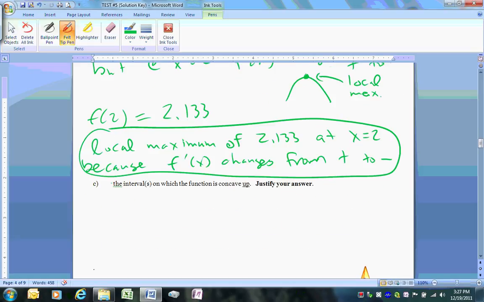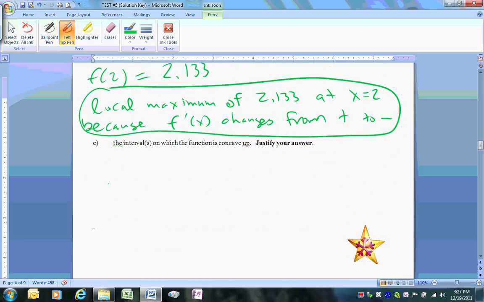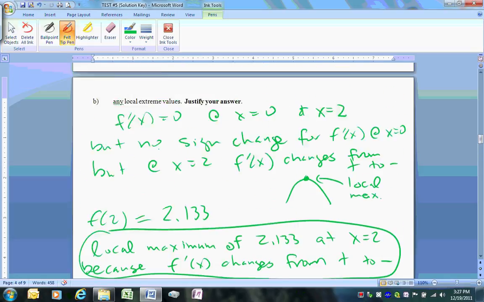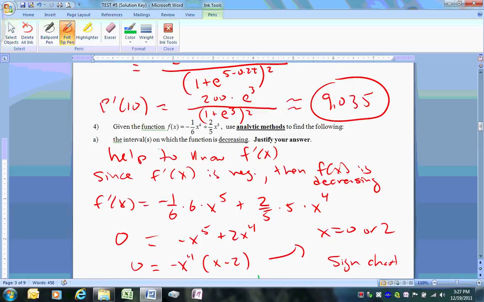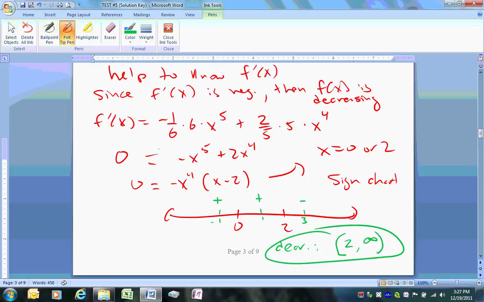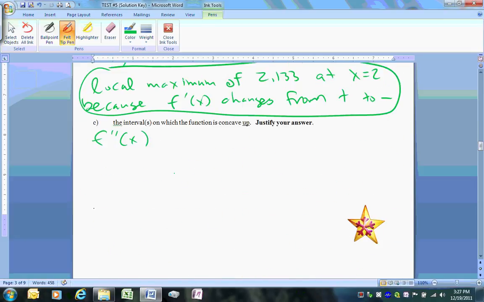For part C, where it's concave up, so now we need to do a second derivative. Remember earlier our first derivative was negative x to the 5th plus 2x to the 4th. So the second derivative would be negative 5x to the 4th plus 8x cubed.